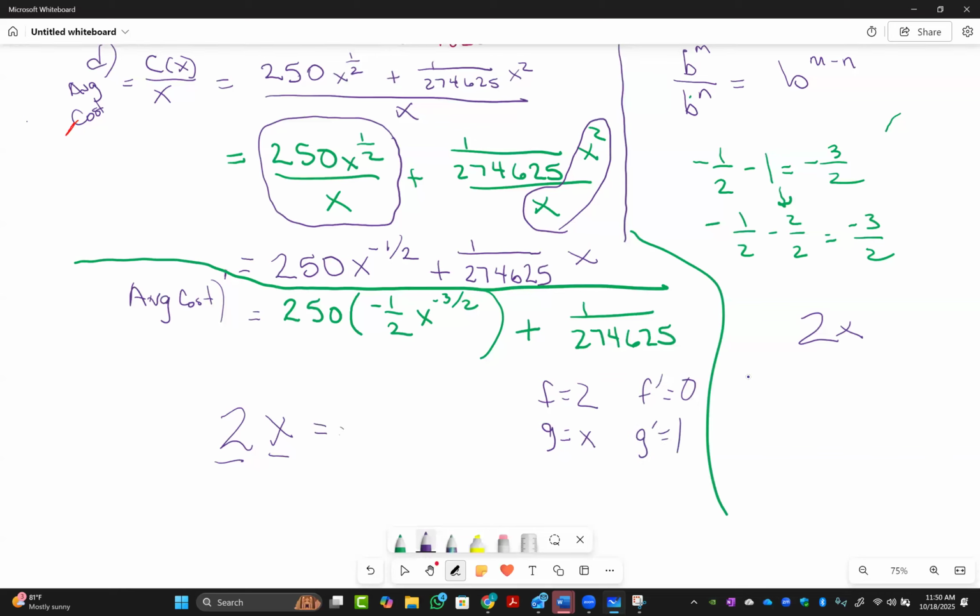I can use the product rule to take the derivative, right? f prime is 0 times g plus f times g prime, so that equals 2. I can make it really hard, or I can just say it's 2 times the derivative of x, right? Either way is correct.